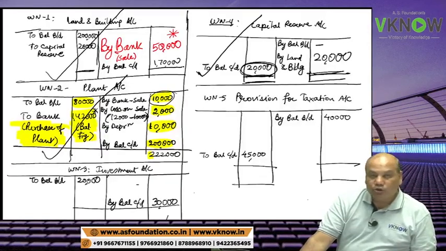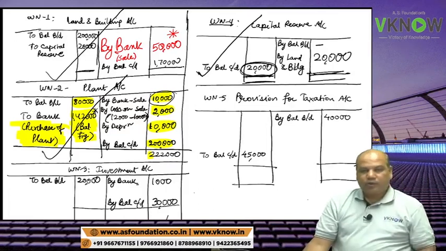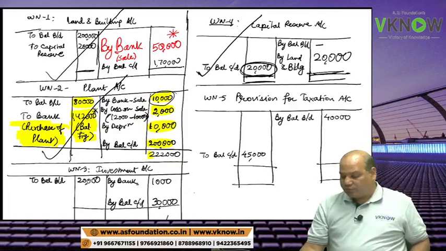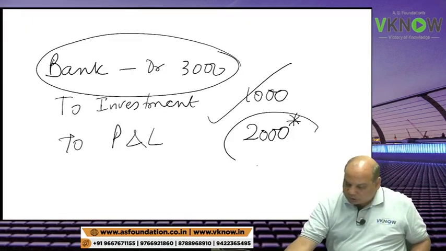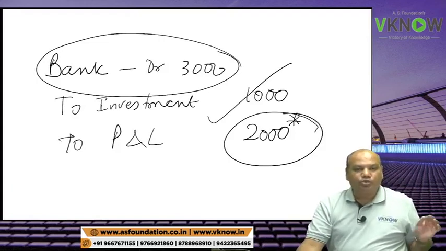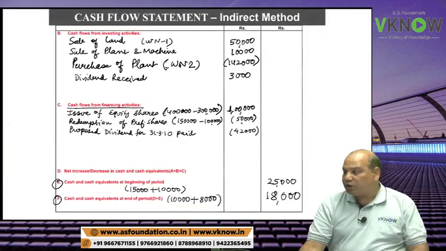Then go to working note 3, investment account. To investment 1,000. So I will write here by bank 1,000. This also we have done, and it is credited to P&L account. So I have to remove it from P&L account.